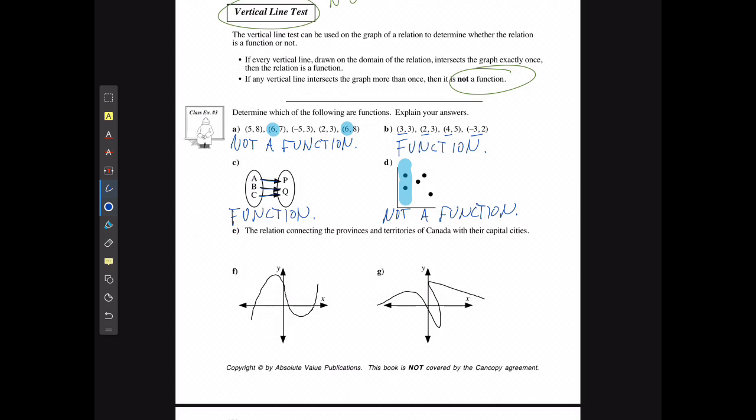For example E, the relation connecting the provinces and territories of Canada with their capital cities, this is going to be a function. Why is that? Because every province has only one capital.